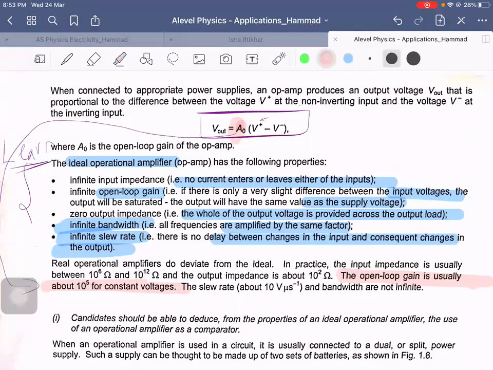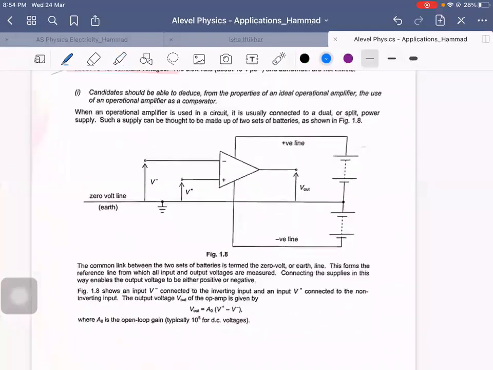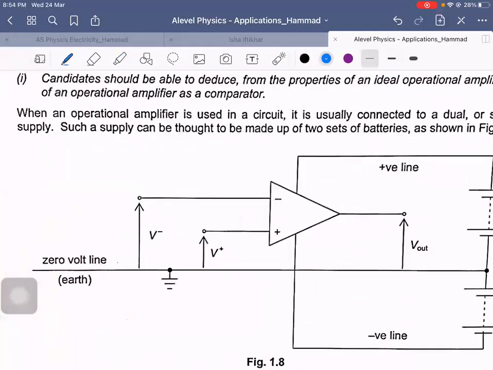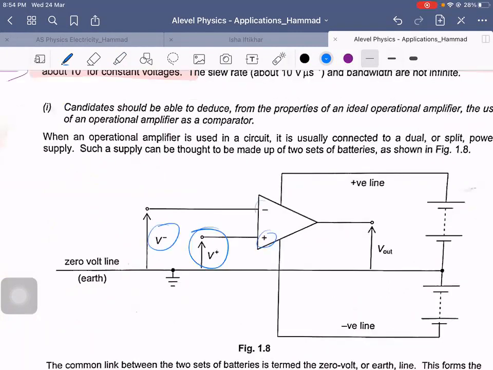Real operational amplifiers will deviate from the ideal, definitely. So there is some impedance, as in resistance. However, they ask you about the properties of the ideal operational amplifier. Moving forward, you need to understand that the positive value has some voltage value connected to the non-inverting terminal. The negative value is connected to the earth, right?